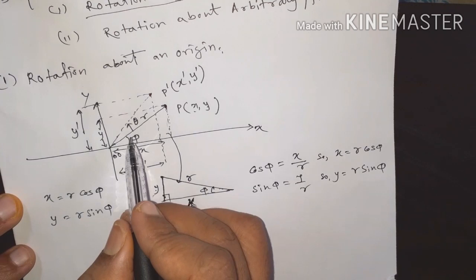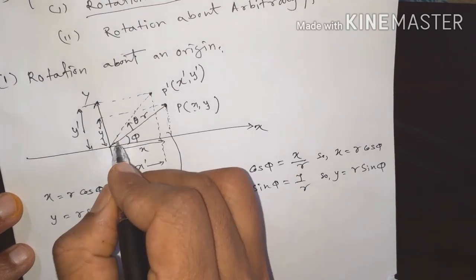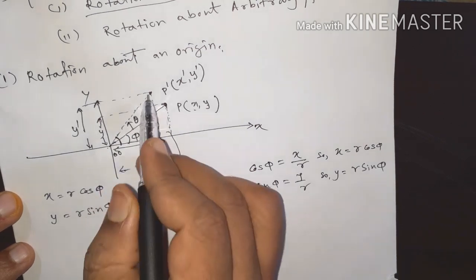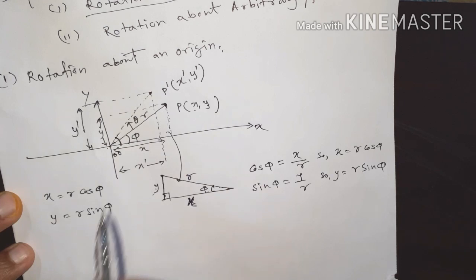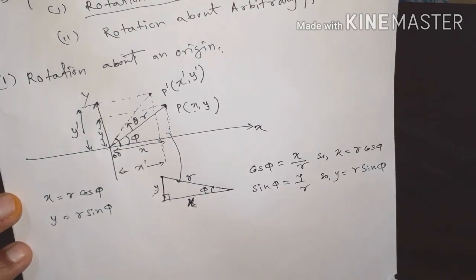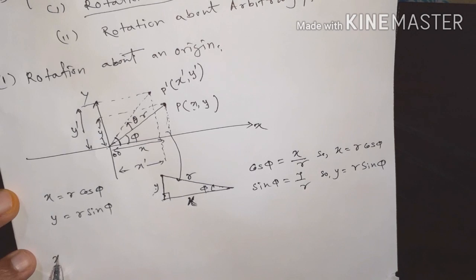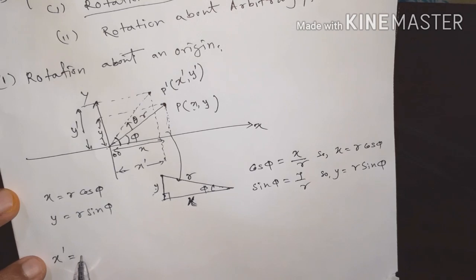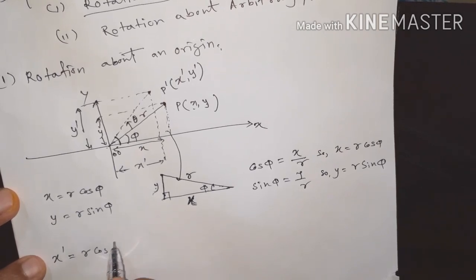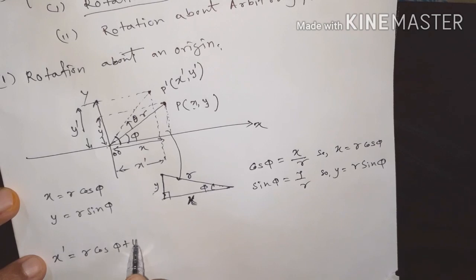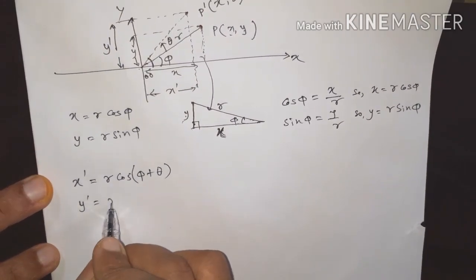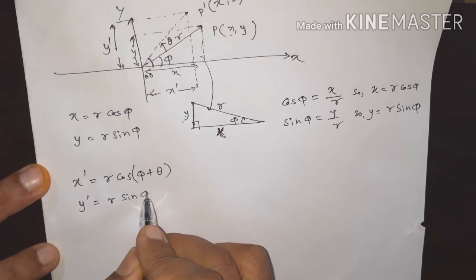Now after rotating theta degrees anticlockwise, the new angle between the x-axis and the new location P prime is theta plus phi. So I can write the new coordinate x prime equal to r cos(phi plus theta) and y prime equal to r sin(phi plus theta).